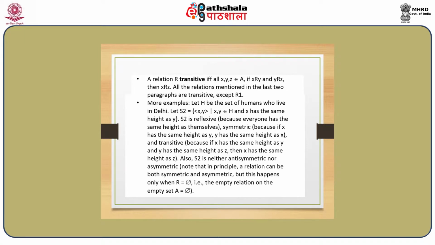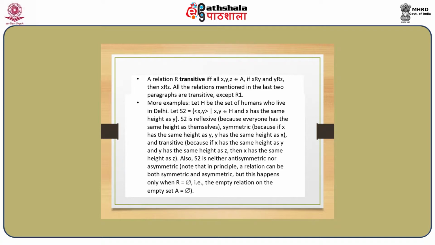More examples. Let H be the set of humans who live in Delhi. Let S2 be the set of those ordered pairs (x, y) such that x and y are members of H and x has the same height as y. S2 is reflexive because everyone has the same height as themselves.